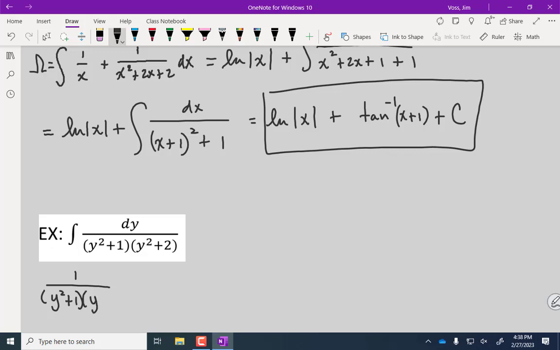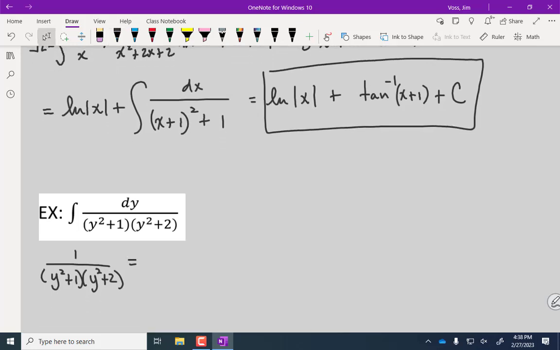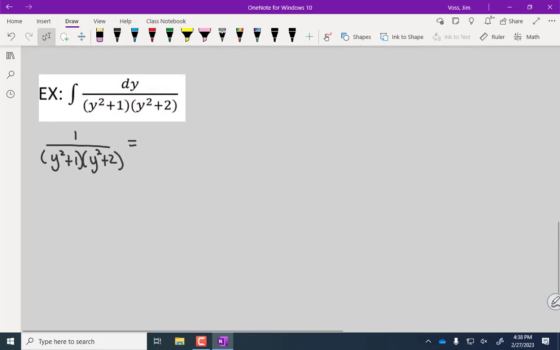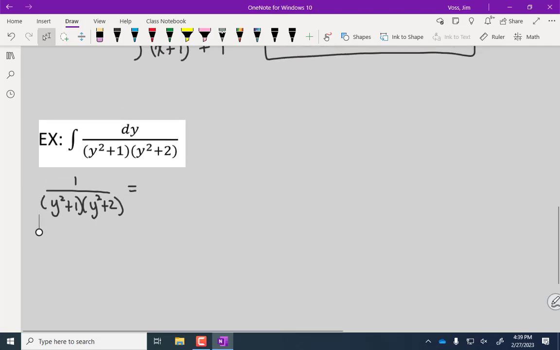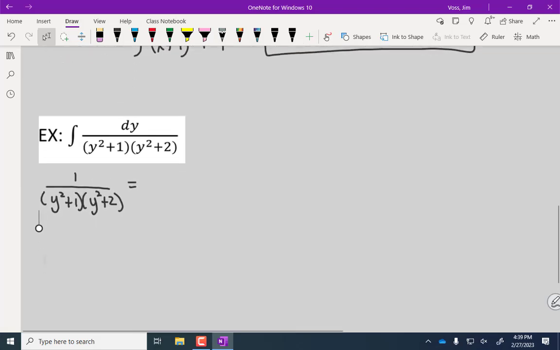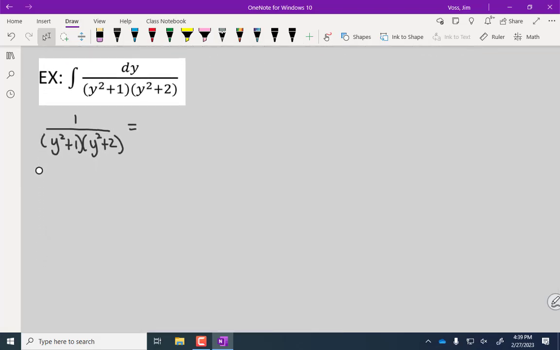Well, first of all, let me ask you, do we think that those quadratics are irreducible? No. Can you factor those quadratics? No. Those are irreducible. You cannot factor a sum of squares.